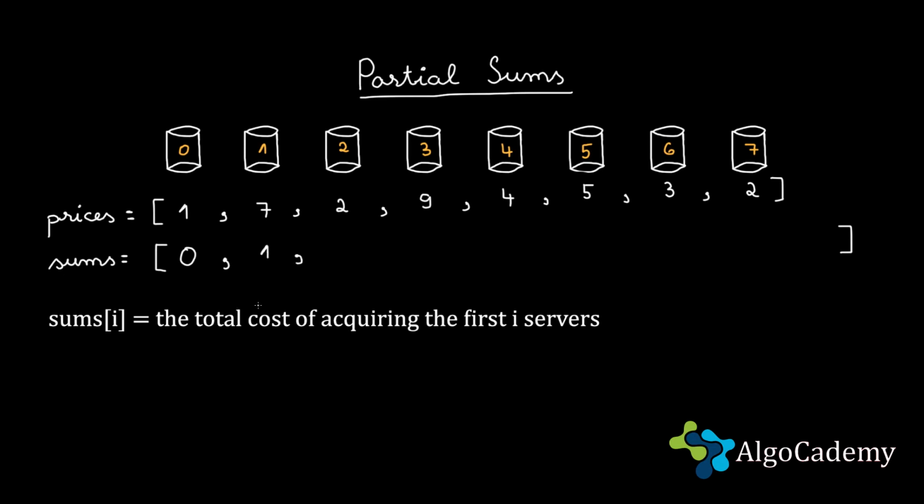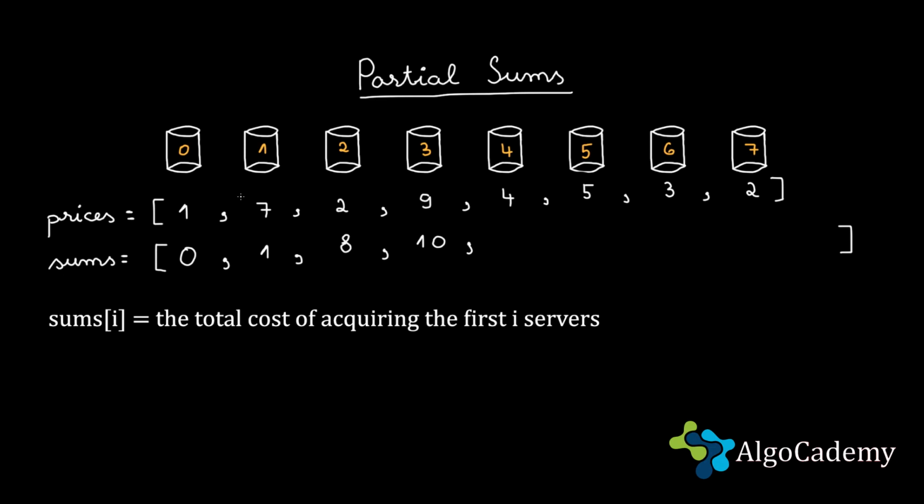Sums of 2, acquiring the first 2 servers. 1 plus 7 is 8. Sums of 3, acquiring the first 3 servers. 1 plus 7 plus 2, which is 10. Sums of 4, the sum of acquiring the first 4 servers. One thing I can do is again go through all the 4 numbers and compute their sum, but I can be smarter about this.